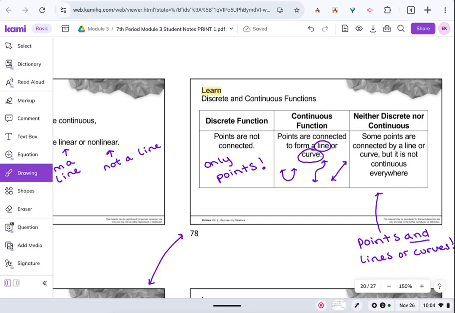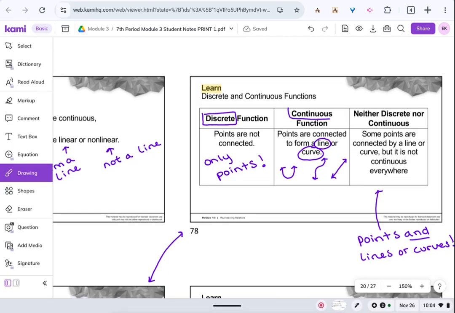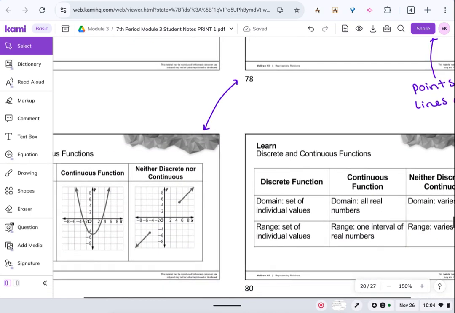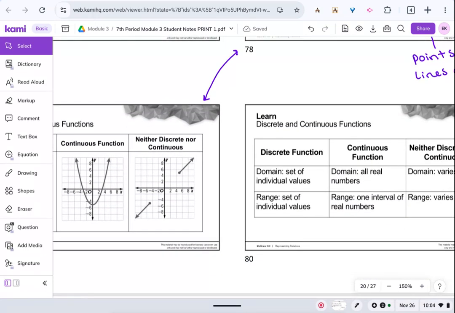So we have either discrete, continuous, or we just write the word neither because it's neither one or the other. Okay? And again, on slide 79 there's a picture of a neither where I do have points here, but then I also have lines, but not everything is connected. So that's what we're looking for.